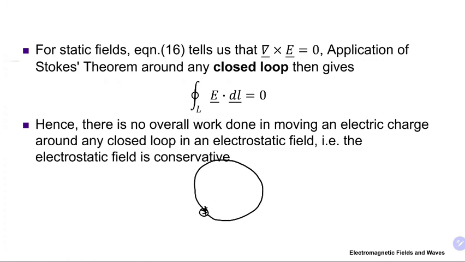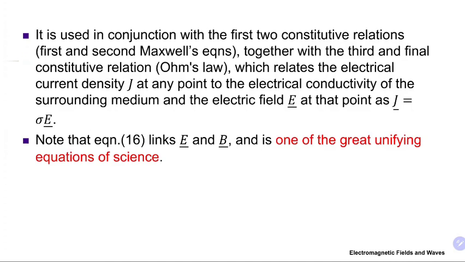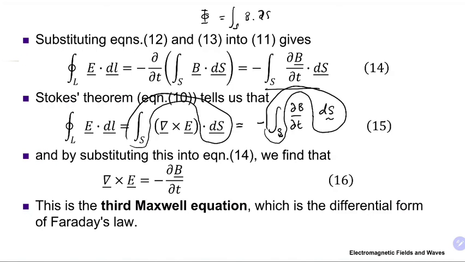So the integral of the electric field over a closed loop will be equal to 0. So that is your third Maxwell equation: curl of E equals minus the rate of change of the magnetic flux density.